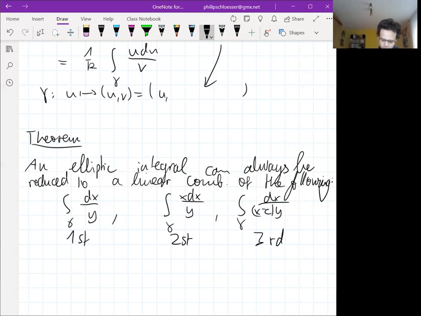The way to actually prove this theorem is really a lot of partial fraction decomposition, which is ugly as hell, but you can always find solace in the fact that you can only have a factor of y in the denominator, because as soon as you have a factor of y squared, you can write this in terms of x's, and you get some arctangent or whatever.